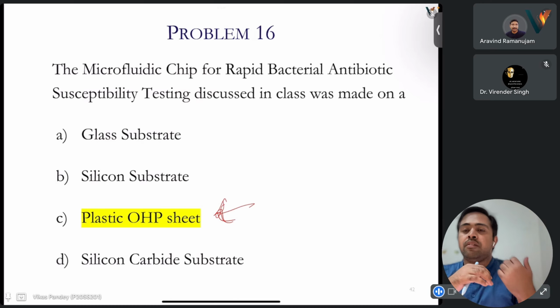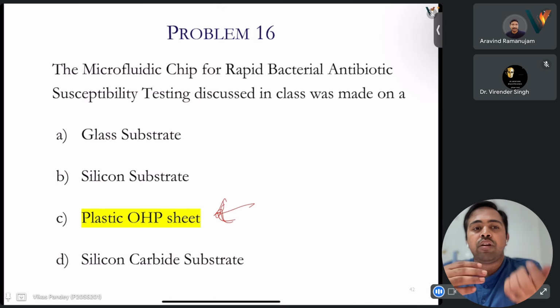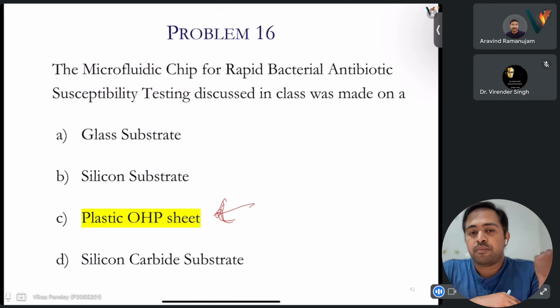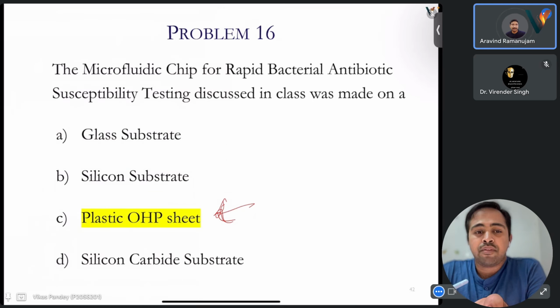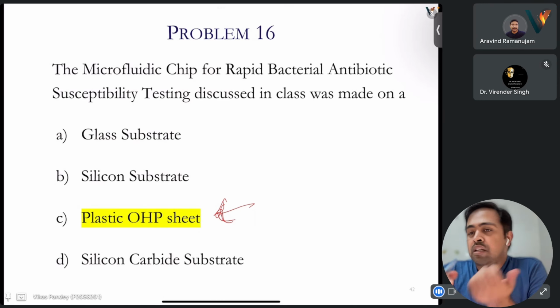Even this microfluidic chip, the microfluidic path, could have been made on a silicon substrate, but we are going for OHP. Screen printing is possible on an OHP sheet, and it is much easier compared to a glass substrate. Okay, so there are such advantages.